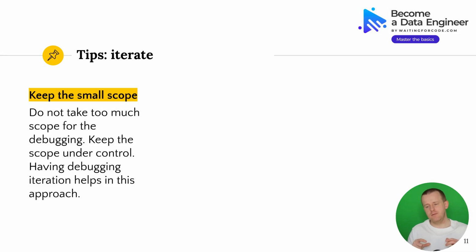After that, there is the iteration. So keep this small scope. You don't have to understand the big picture, the whole picture immediately. You can isolate different parts and iterate that way. So for example, if you have some job composed of filtering, mapping, and writing, so the IO part, you can start by taking the input row that causes you problems and apply it on top of the filter. If it works, that's fine. You pass to the map.